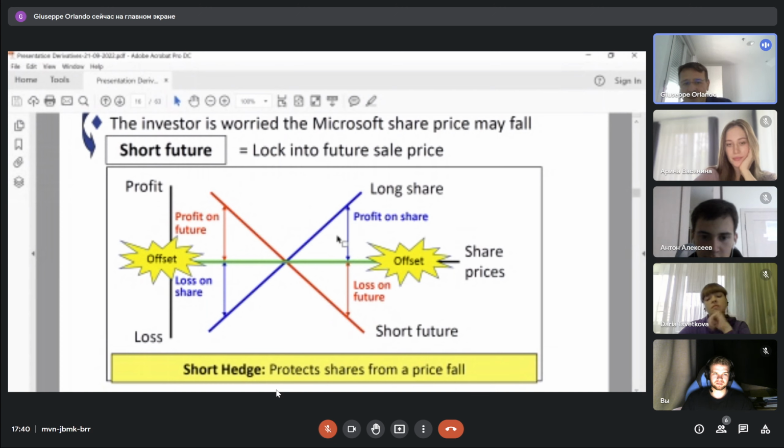If there is an increase in the share price, the money that you make with the security is lost on the future. And the opposite: what you make with the future is what you lose with the security. So you are market neutral. You don't have any risk.